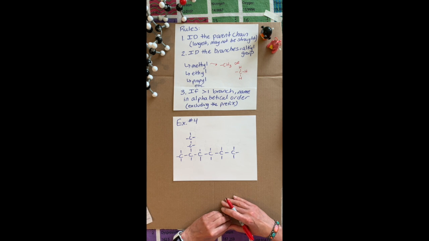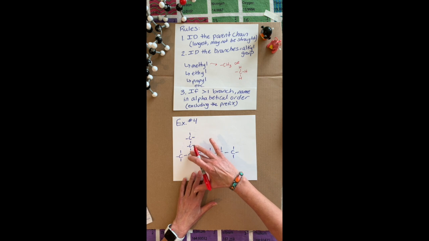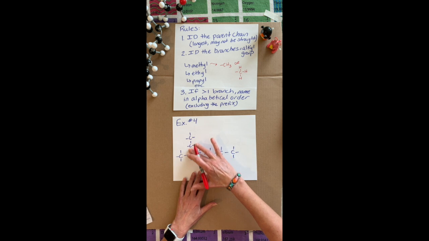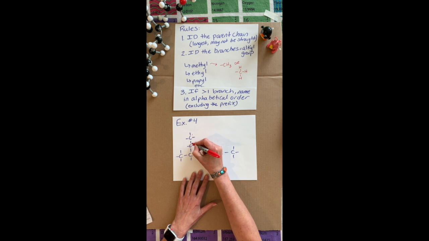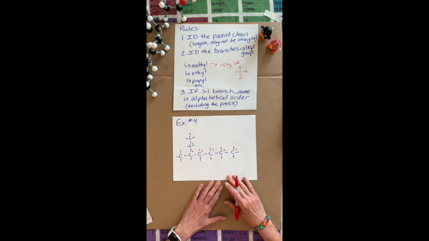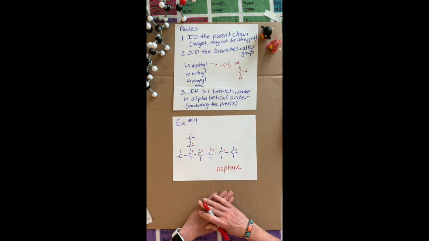Okay, so let's look at example number 4. When we look carefully, we see that there are actually 7 carbons in the longest chain. Let me number it. Okay, so we know we have a heptane in this example.